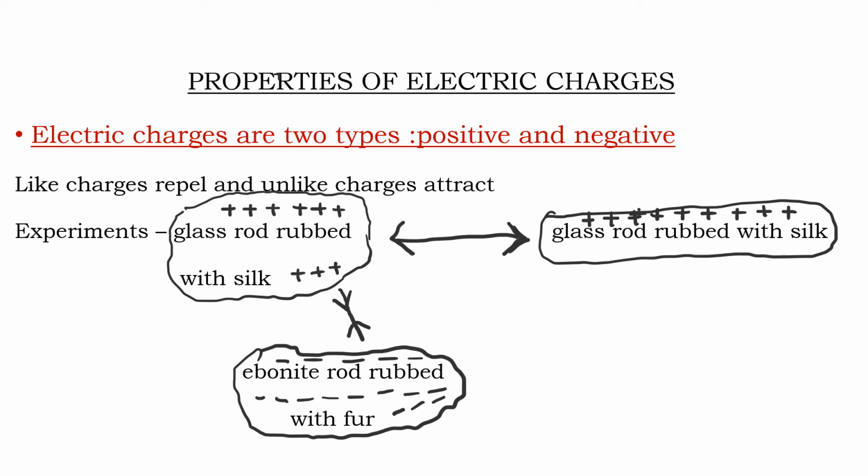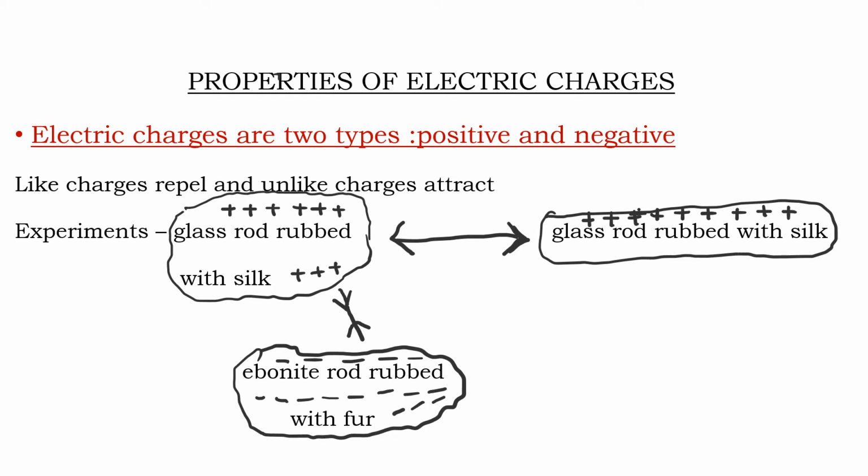Next is the properties of electric charges. The first property is that electric charges are of two types, the positive charge and negative charge. Like charges repel and unlike charges attract.